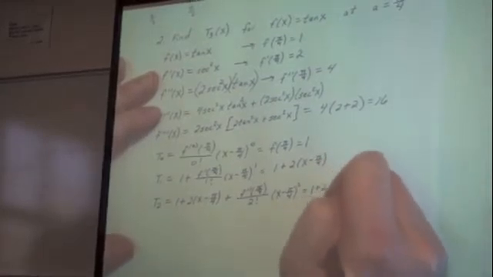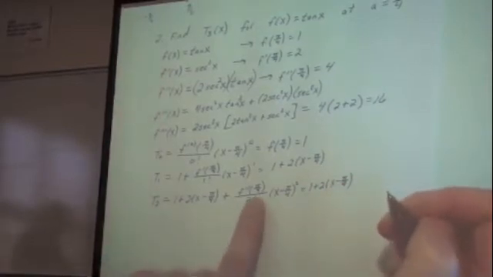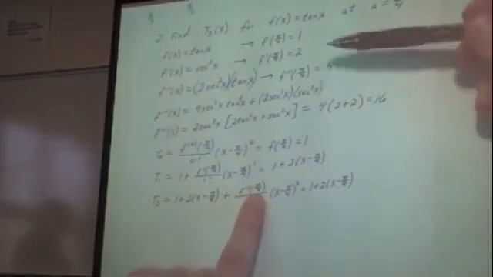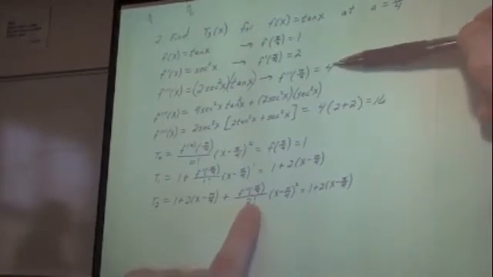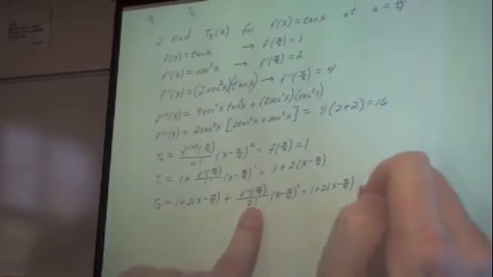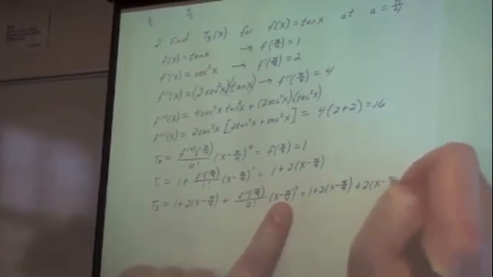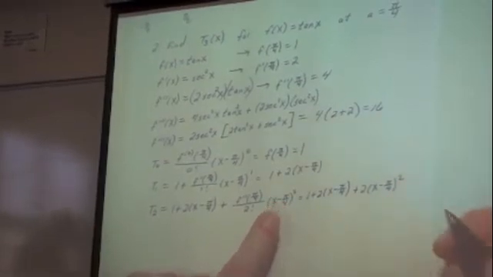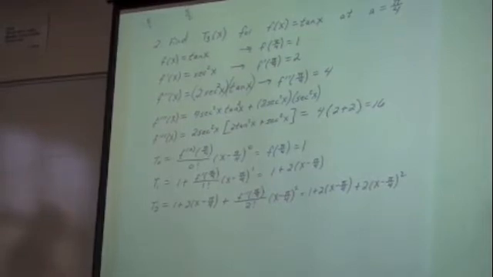So I can say, okay, that's going to give me 1 plus 2 times the group x minus pi over 4. And I already know that the second derivative evaluated at pi over 4 was 4. 2 factorial is 2. 4 divided by 2 is 2. So I'll say plus 2 times the group x minus pi over 4 squared. Is everyone okay with what I've got so far? I'll move on.